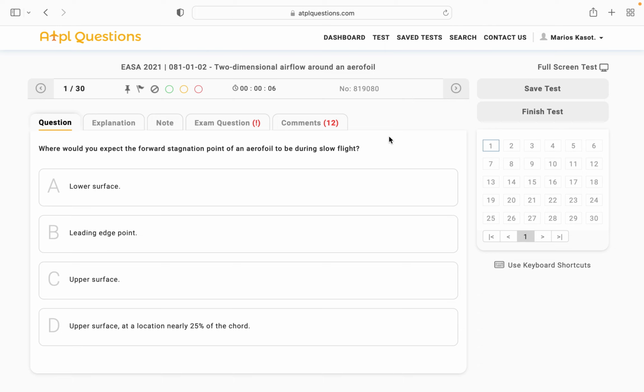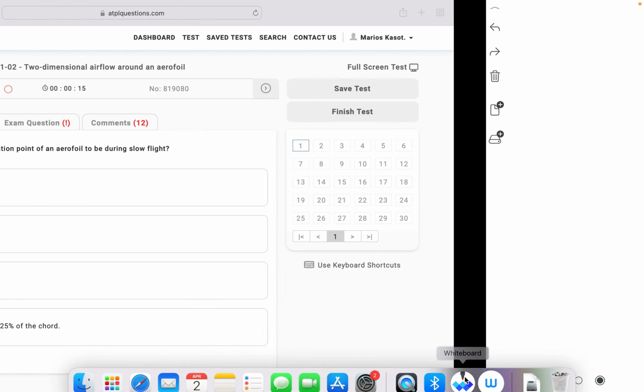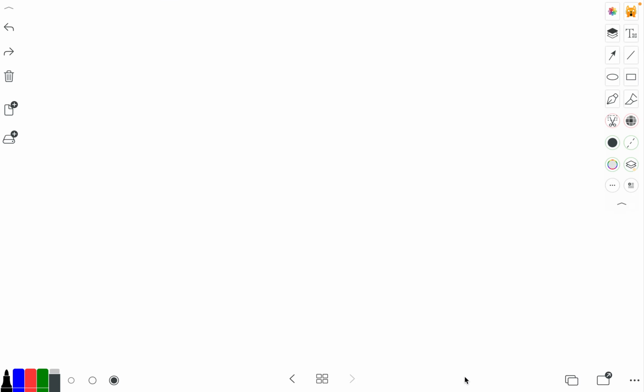Where would you expect the forward stagnation point of an aerofoil to be during slow flight? Let's begin with the most common and used formula for principles of flight. Lift equals 1/2 rho v squared S CL.